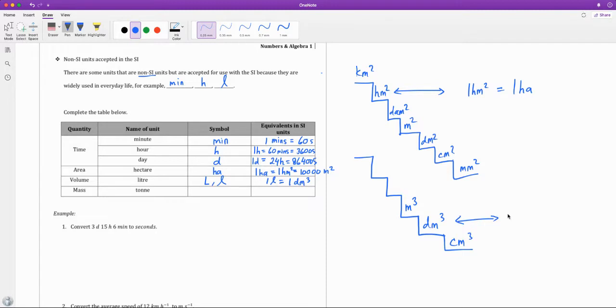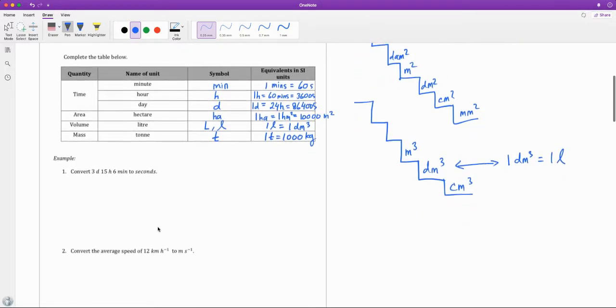There you go. So 1 decimeter cubic equals to 1 liter. Ton. It's t, and then 1 t equals to 1,000 kilogram.